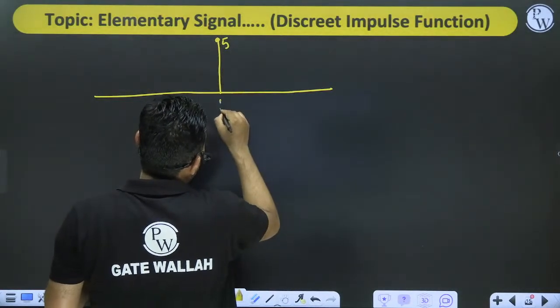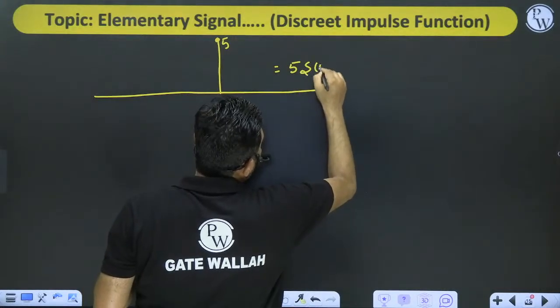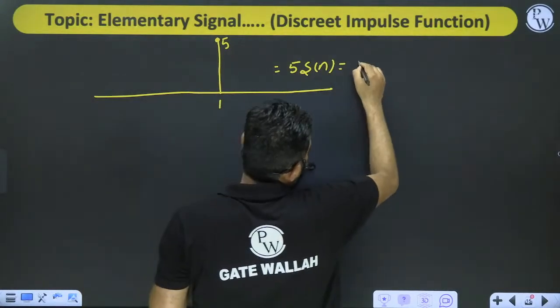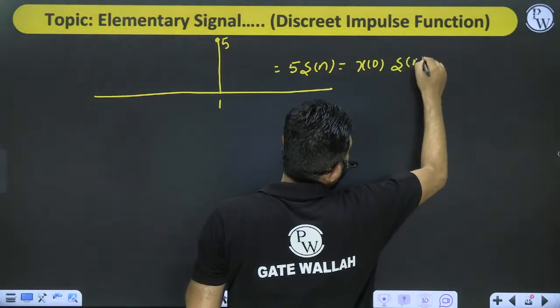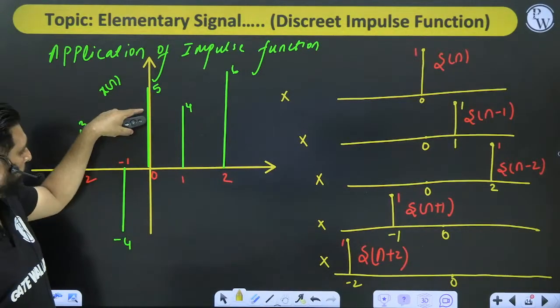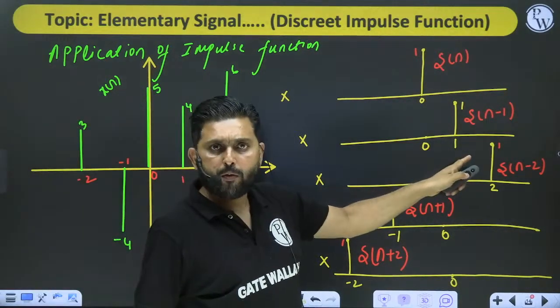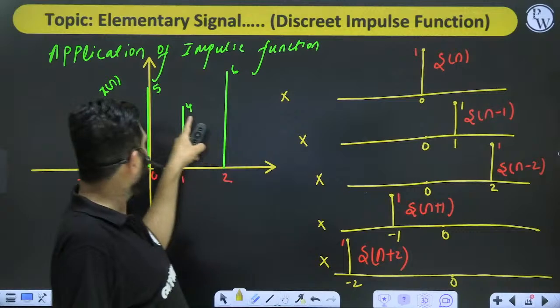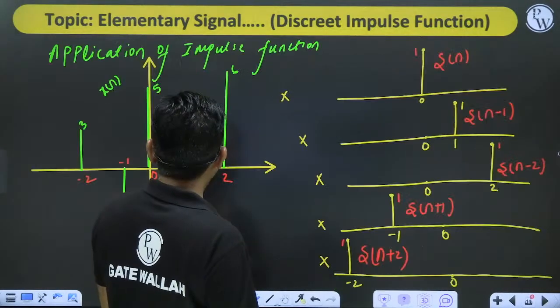This is 5 delta n, which is actually x0 delta n. What is 5? 5 is x0. At 1, what is the value here? 4.